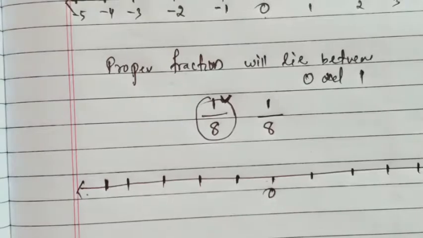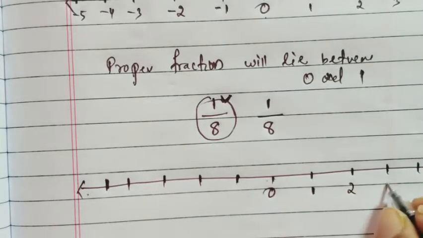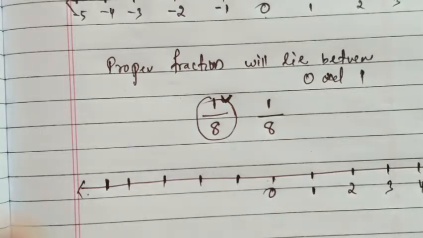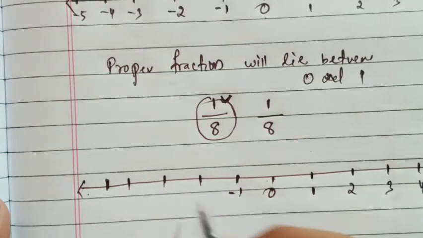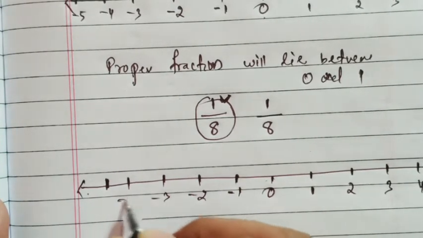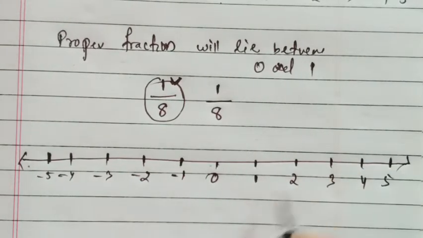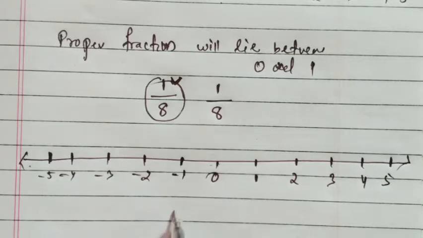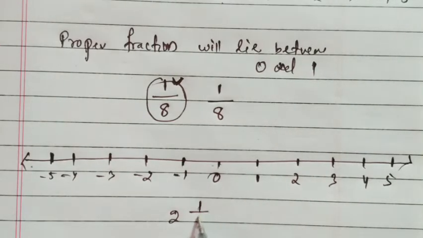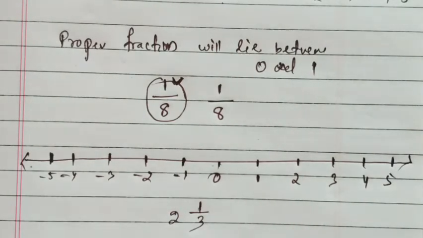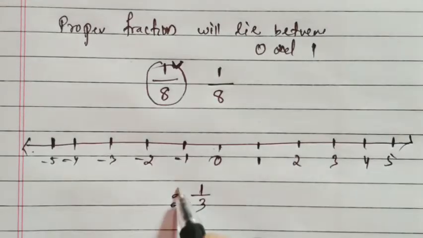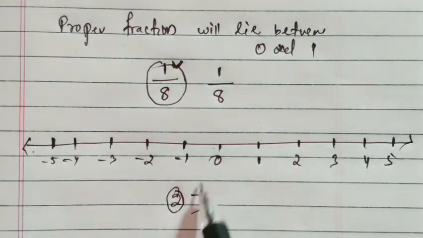Now we have to represent 2 1/3. Now it comes as an improper fraction. The 2 is the whole, and we have to represent 1/3.